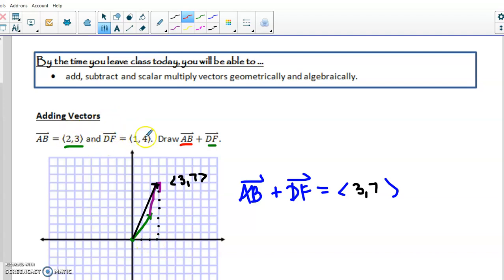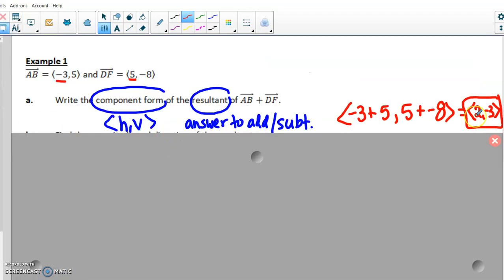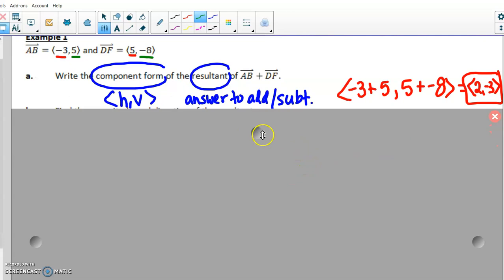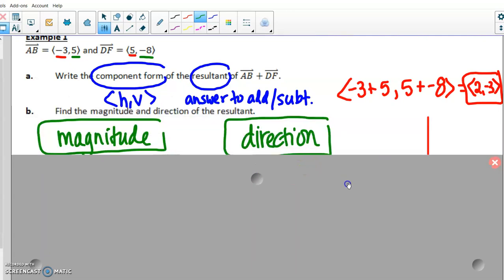So these two go together, and then your vertical components also go together. So you're going to do -3 plus 5, and you're going to do 5 plus -8. -3 plus 5 gives me 2. 5 plus -8 gives me -3. So that's what I get in component form when I add them together.